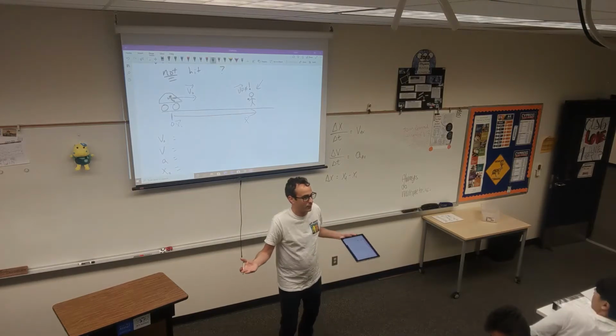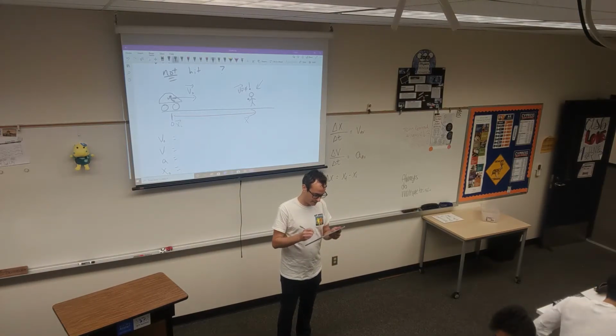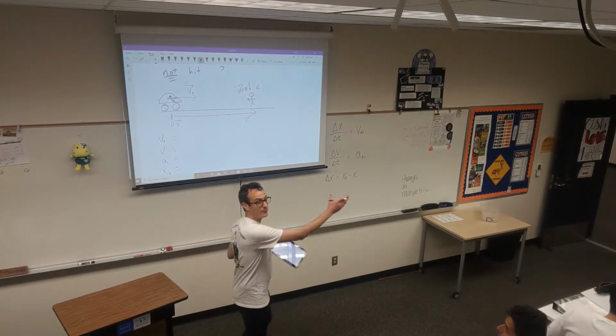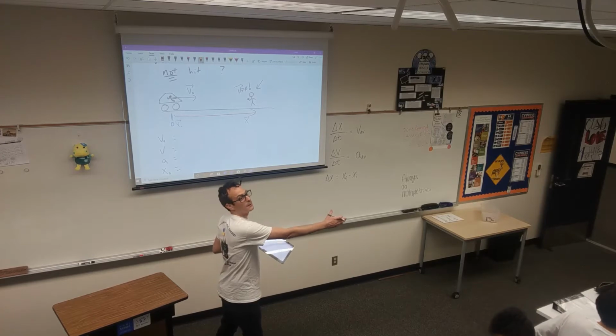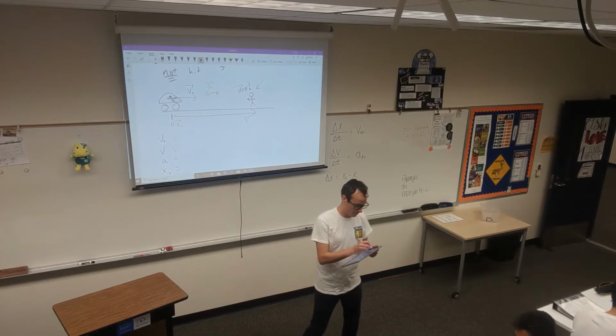It's basically just going to be 125. What would be the direction of my acceleration if I'm moving to the right? Negative, because I'm slowing down. We can check that with the math in just a moment.